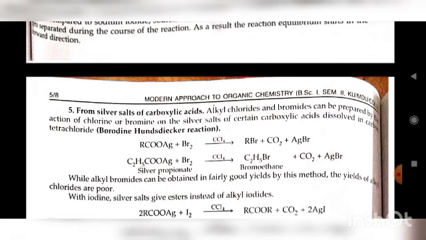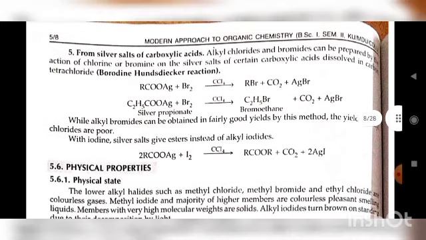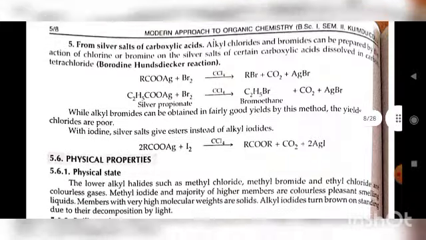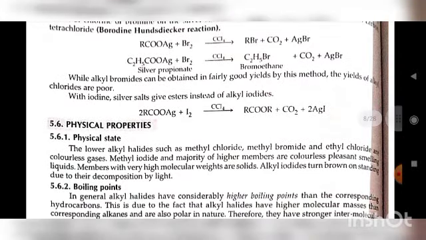Silver propanoate in presence of bromine and CCl4 gives bromoethane, carbon dioxide and silver bromide. Alkyl bromides can be obtained in fairly good yields. By these methods, the yield of alkyl fluorides is poor, and with iodine, silver salts give esters instead of alkyl halides.